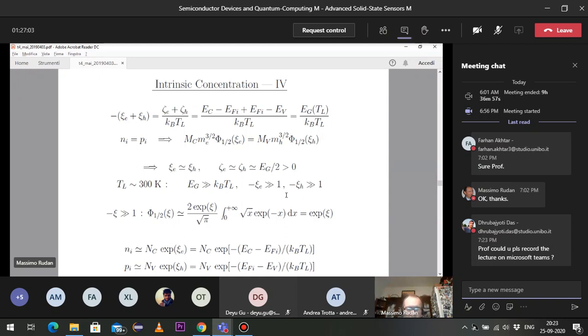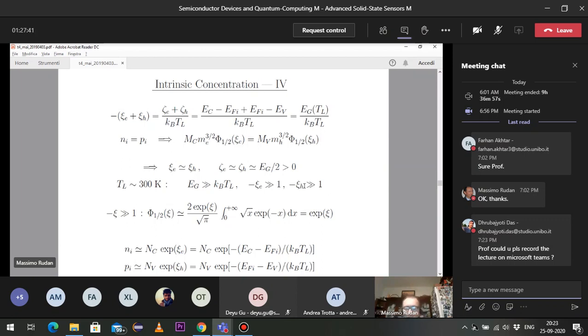So the estimate provides us with the possibility of using the simplified form of the Fermi integral, because it shows us that at least at room temperature, psi e is much smaller than -1, and at the same time, psi h is also much smaller than -1, okay? So you remember, when that happens, we may approximate the Fermi integrals with exponentials.